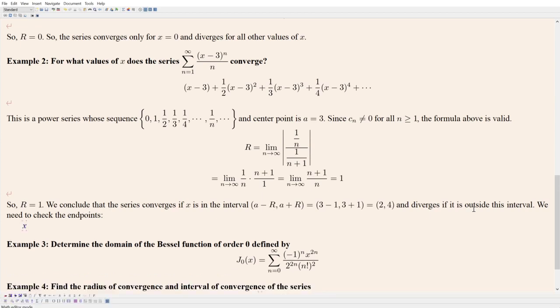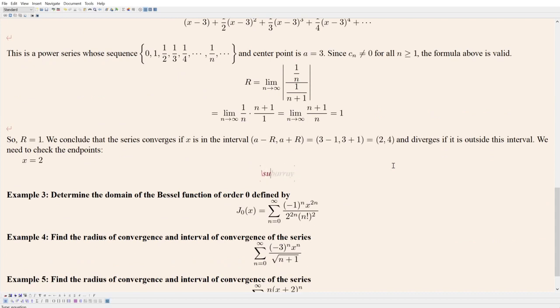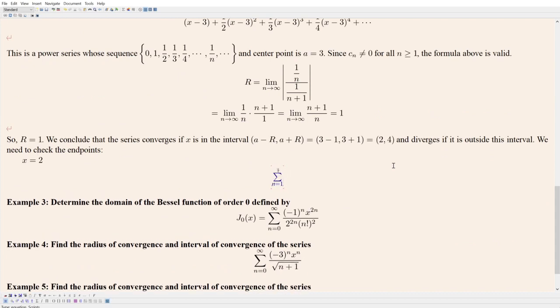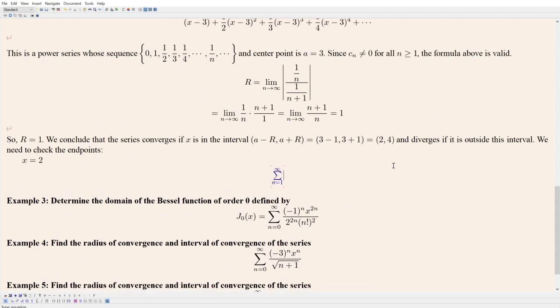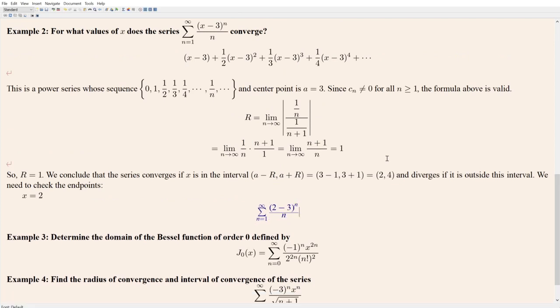So, checking the left endpoint, x equals 2, what do we do? Well, we literally just plug in x equals 2 and look at the resulting series. And now we use any one of our multitude of tests to see what happens. So 2 minus 3 is negative 1.